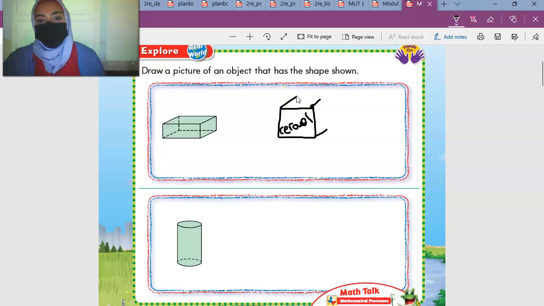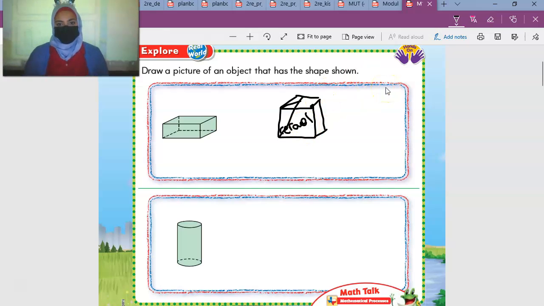And then you're going to connect these vertices. And then you're going to connect these vertices. And then right here, this is one of the vertices we forgot to draw a line to. Here's another vertice. And then we're going to connect these vertices. And it's a cereal box.